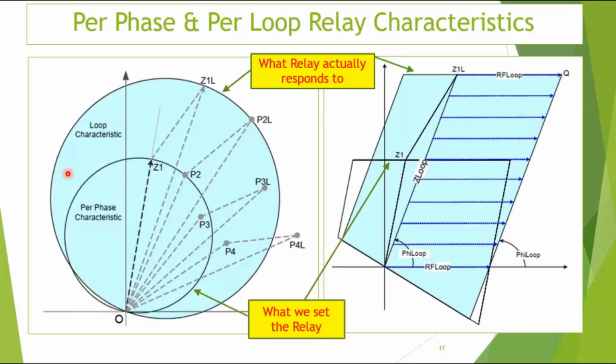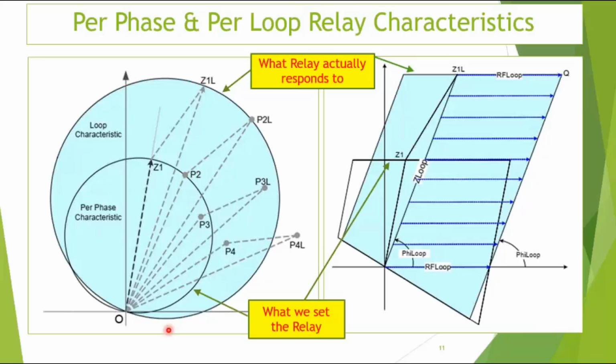This is what we calibrate the relay in a Mho characteristic, and this is the loop characteristic. This is multiplied by K0. This is Z1 into K0. Suppose I have set the relay to operate at P2 for phase faults as well as ground faults. But as we have given a K0 factor, the relay actually sees up to this P2L.